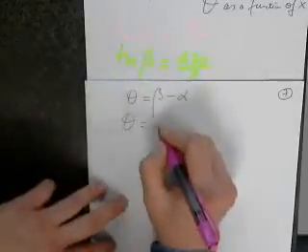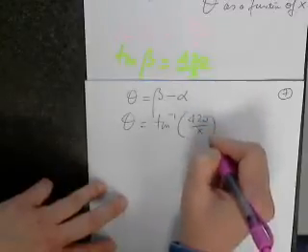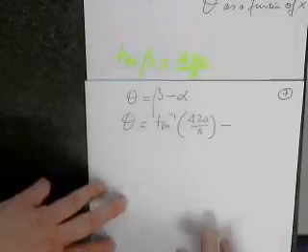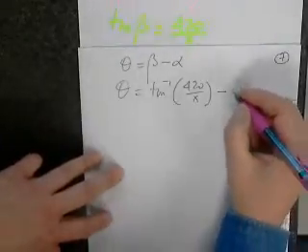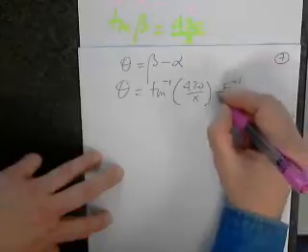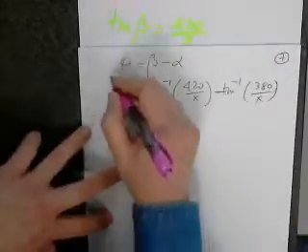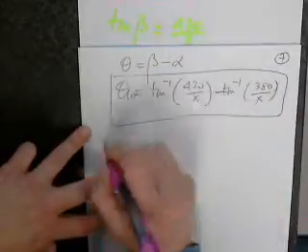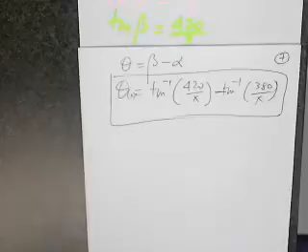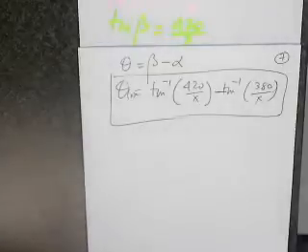So then theta will be tangent inverse of 420 over x minus alpha will be exactly of 380 over x. And this is indeed a function of x and nothing else. So we determine the function that is theta of x that has only x in it and nothing else.